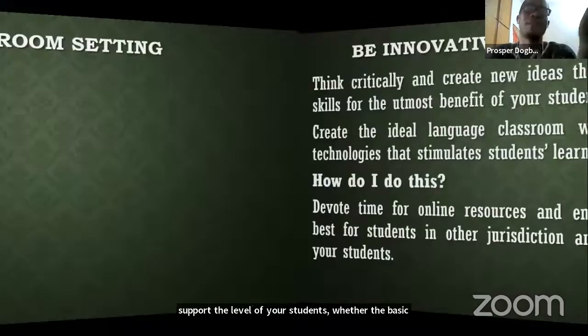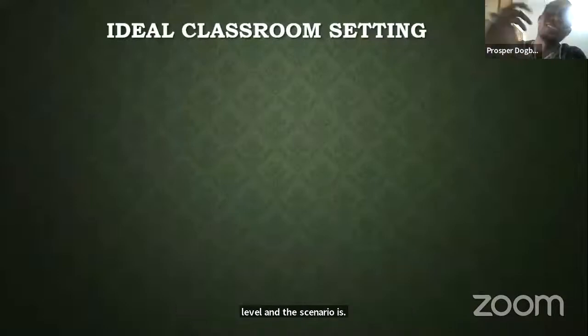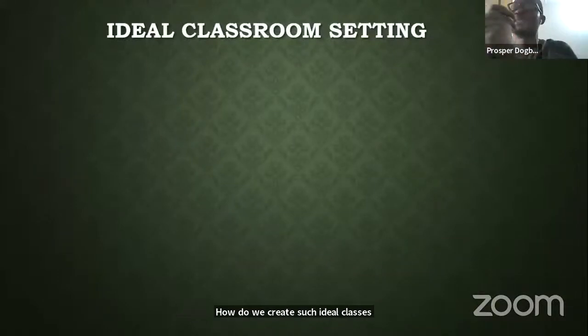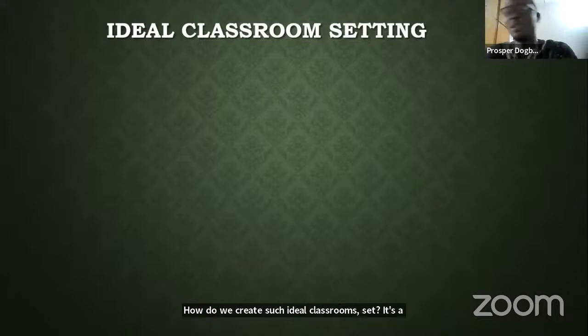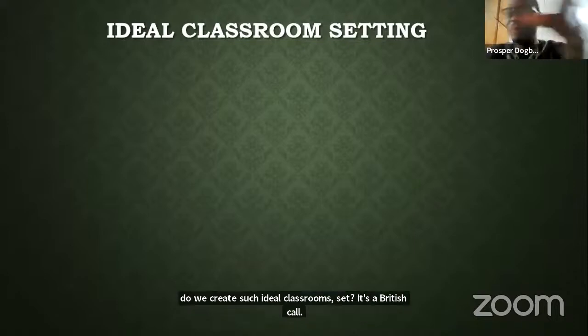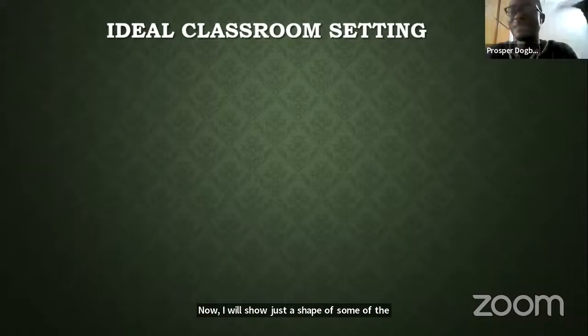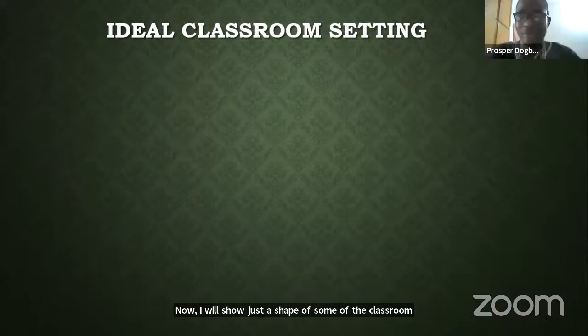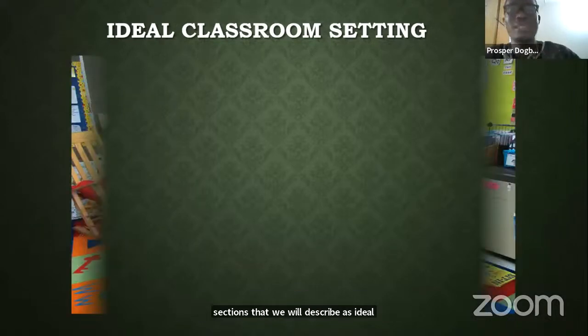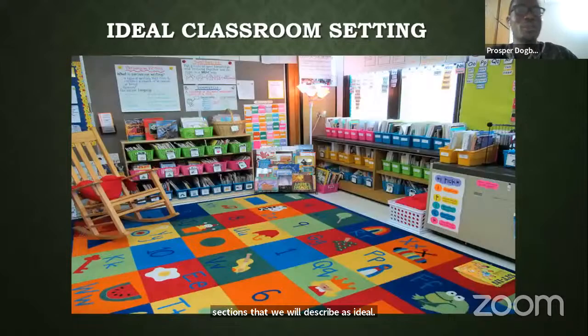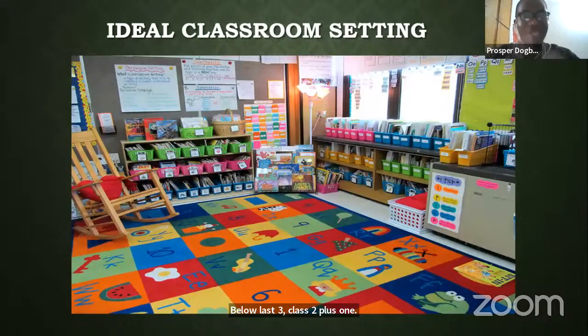Now, how do we create such an ideal classroom setting? It's a bit difficult, but I will show just a few of some of the classroom settings that we will describe as ideal. Imagine your below class 3, class 2, class 1, kindergarten classroom spread like this.